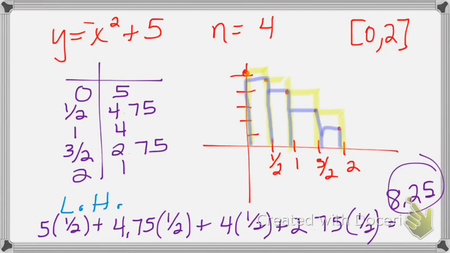So I'm just going to go ahead and write what it would be, but it would be, if I start over there on the right, it would be 1 times a half because of the width, and then it would be 2.75 times a half, and so on. So I'm just going to write that down.